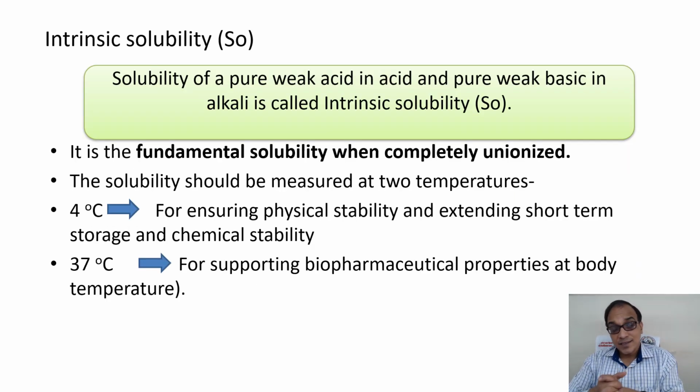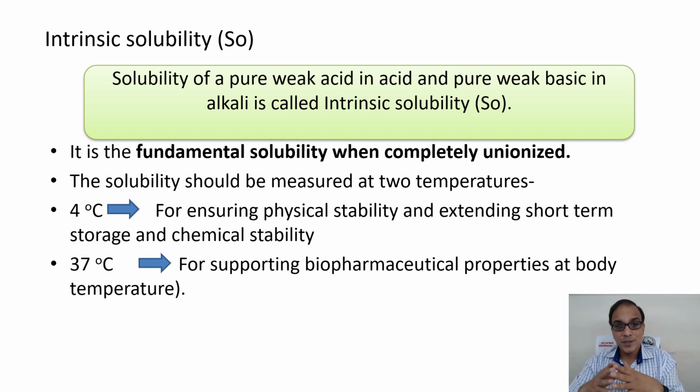Now we'll be discussing intrinsic solubility. What does it mean? Solubility of a pure weak acid in acid and a pure weak basic drug in alkali is called intrinsic solubility, denoted by S0. It is the fundamental solubility when the API is completely unionized.